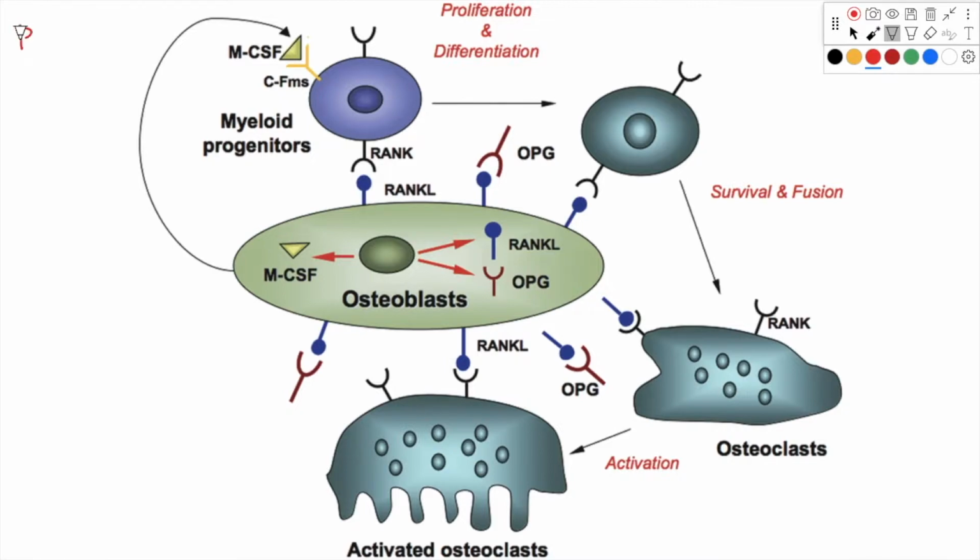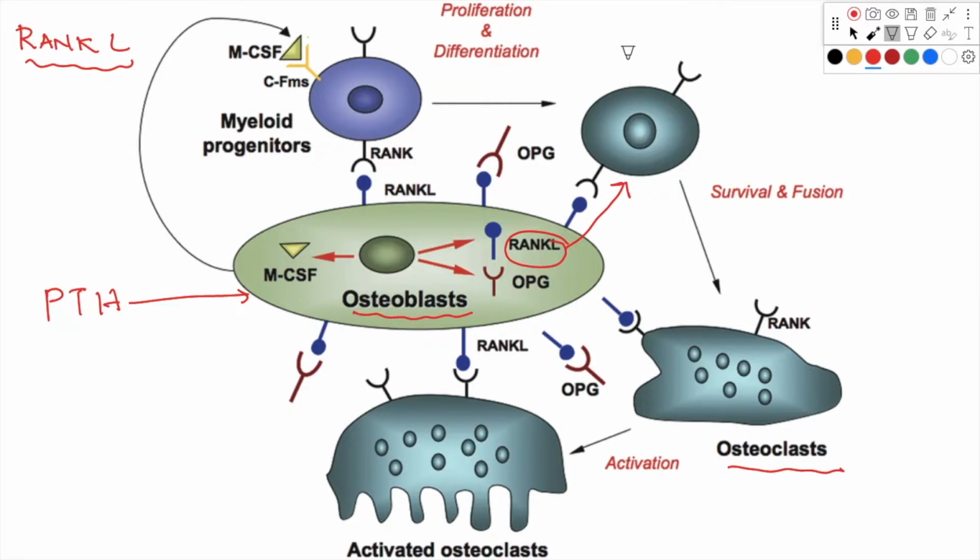Now let's move into the RANK ligand mechanism through which bone signaling occurs between the osteoblast and the osteoclast. What basically happens is that parathormone, PTH, stimulates the osteoblast, and the osteoblast produces what is called RANK ligand. This RANK ligand acts in two ways. It acts on progenitors of the osteoblast to stimulate osteoblast formation itself.